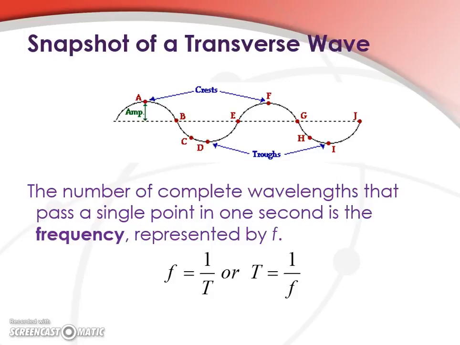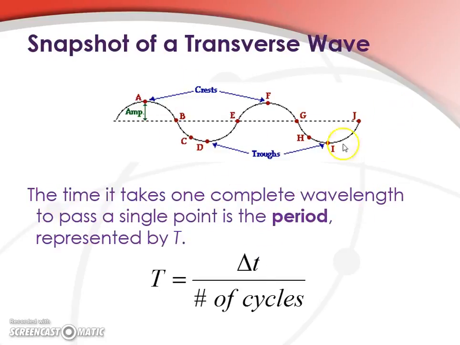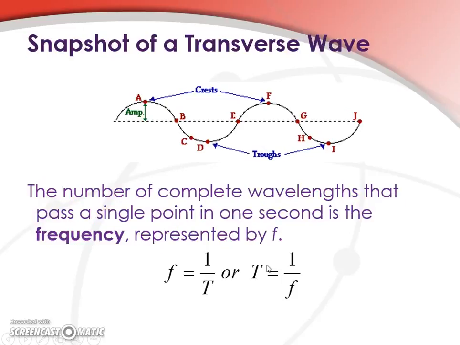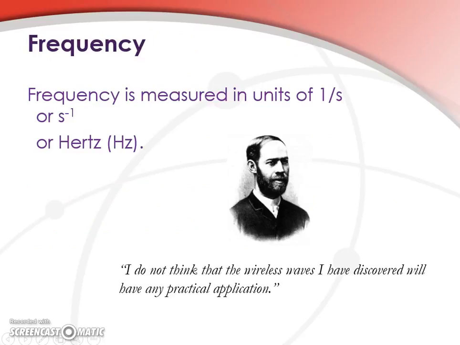And the frequency is just the inverse of the period. So if we move backwards, we can say it's the number of cycles per time. And frequency is very useful, so it has its own name for its units. It's 1/seconds, of course, but we also refer to that as hertz.